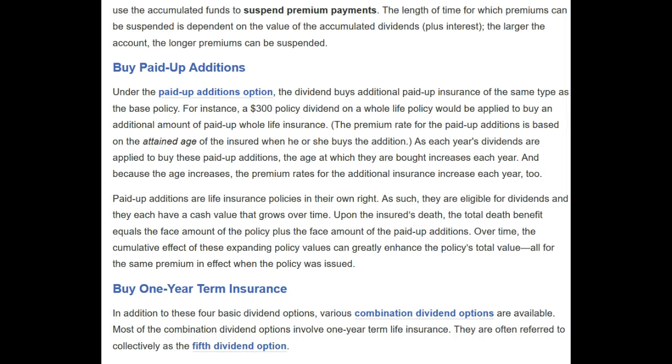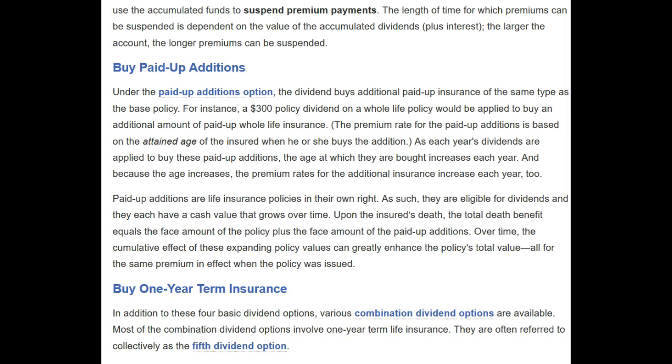As each year's dividends are applied to buy these paid-up additions, the age at which they are bought increases each year. And because the age increases, the premium rates for the additional insurance increase each year too. Paid up additions are life insurance policies in their own right. As such, they are eligible for dividends and they each have a cash value that grows over time.